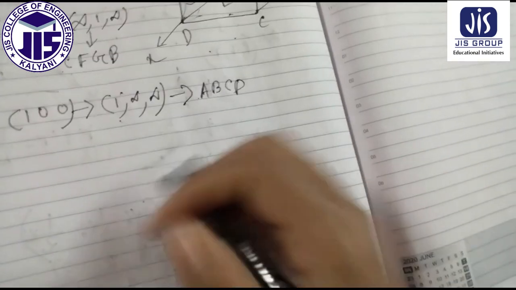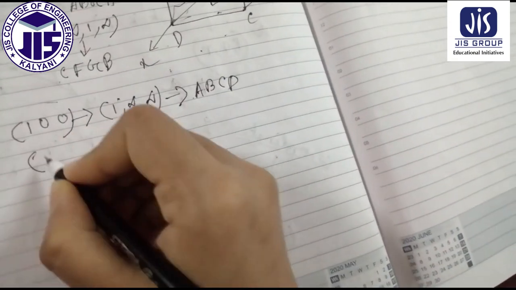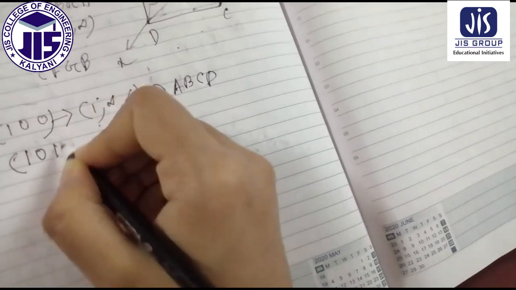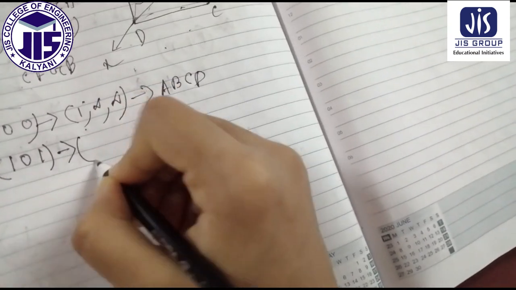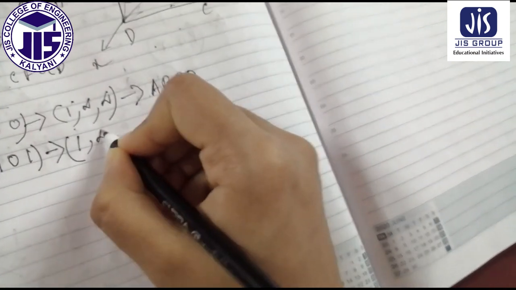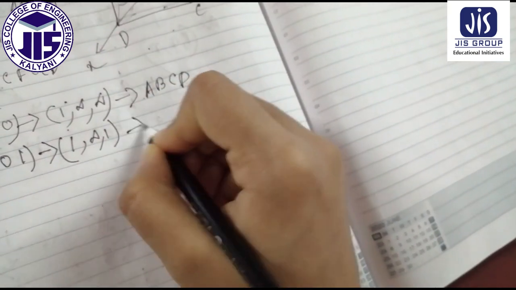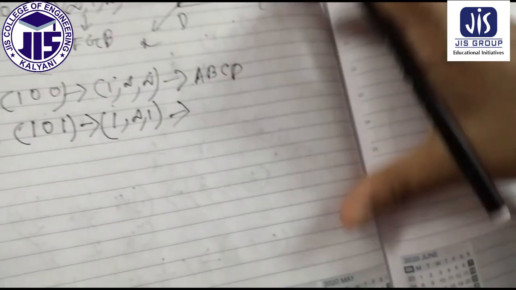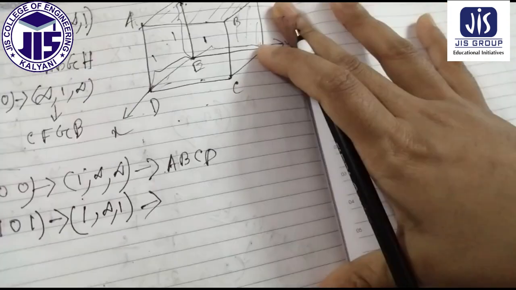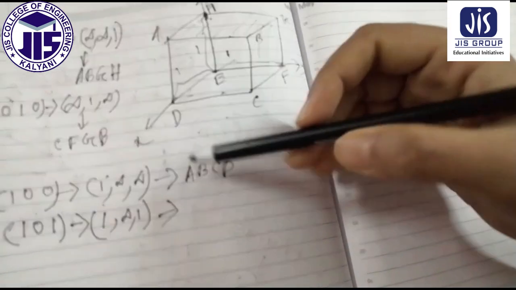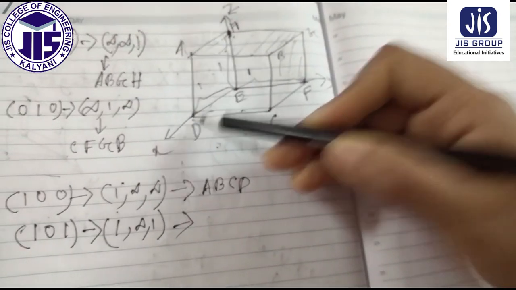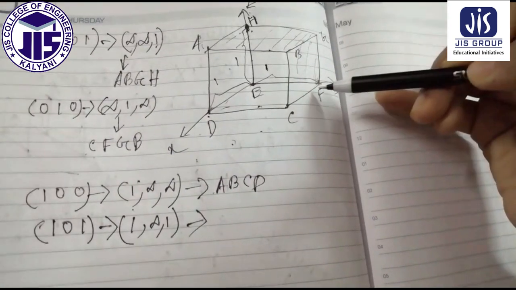Next, if we go for 1, 0, 1, then the corresponding coordinate is 1, infinite, 1. So what will be the answer? You see, along the x-axis it is 1, along the z-axis it is 1.